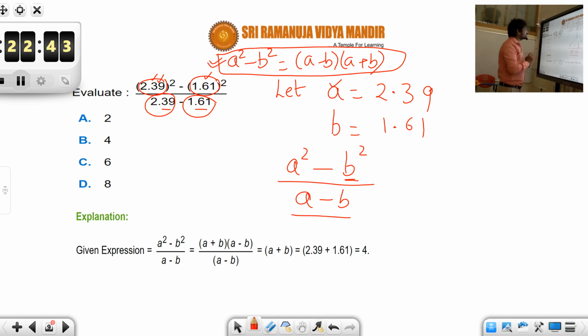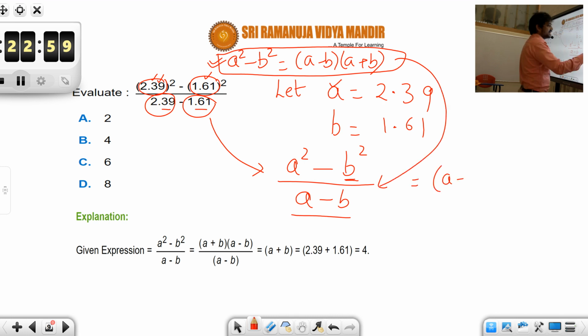So now let's get back to this question. The same question we have rephrased in a different manner, that is a square minus b square divided upon a minus b. Now use this identity, students. If you use this identity, this turns into a minus b times a plus b divided upon a minus b.